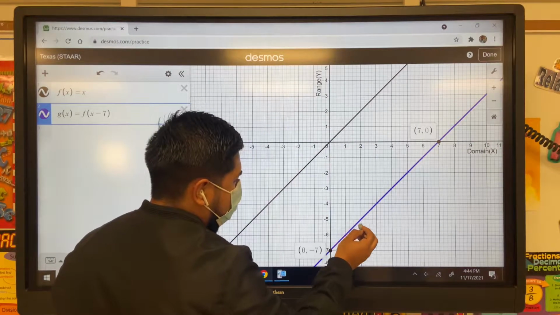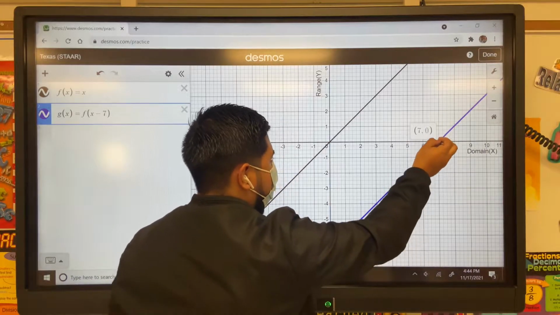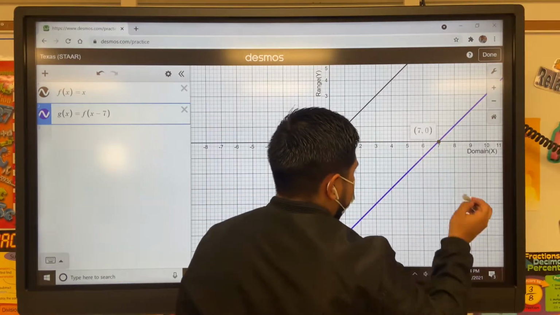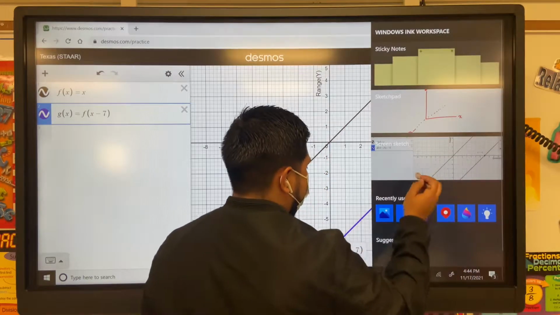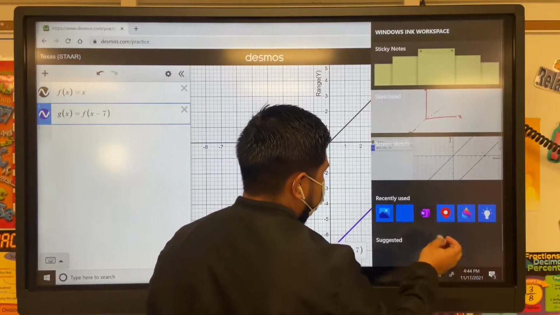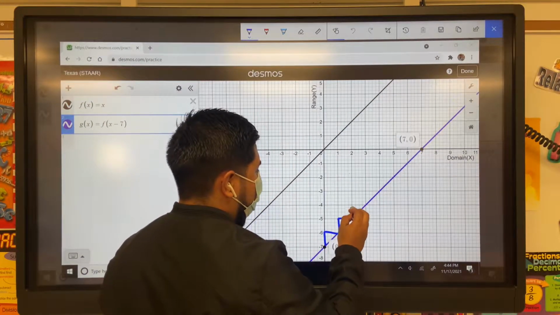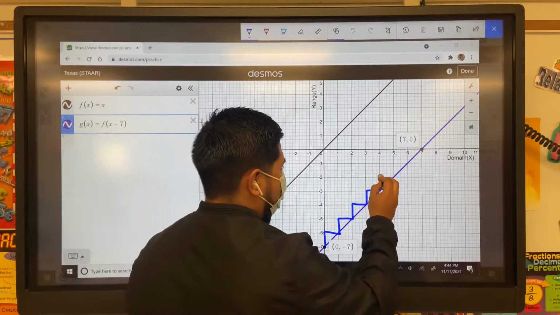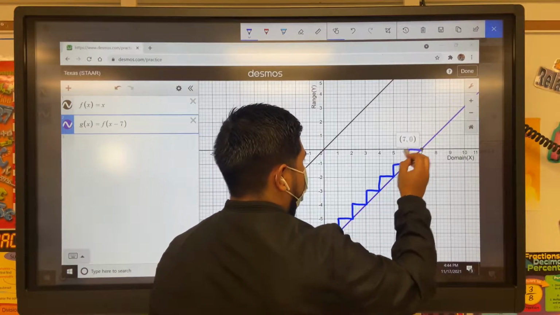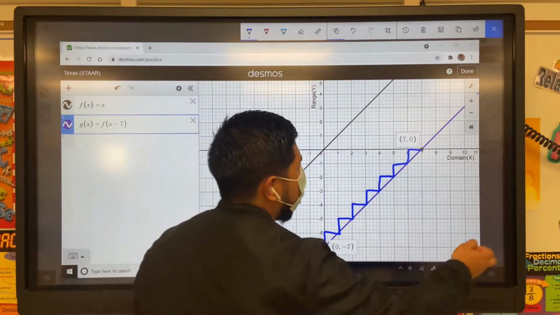We got a point right here, and right here, and so on. Can definitely show you real quick the staircase so you can see our slope. It's going up one, over one, up one, over one. There's our staircase.